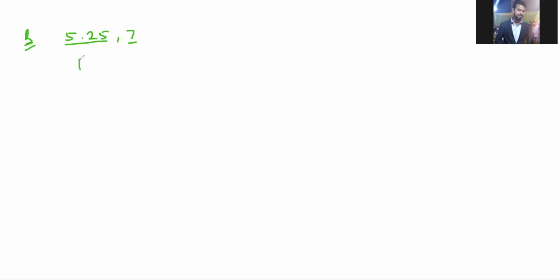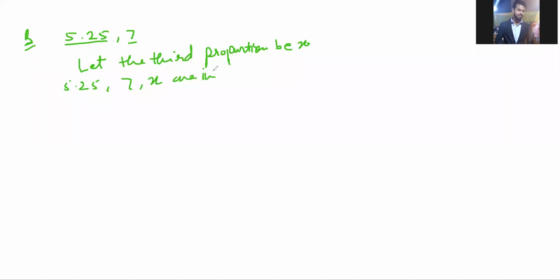So we will do the same thing. Right? Let the third proportion be x. So 5.25, 7, x are in continued proportion.